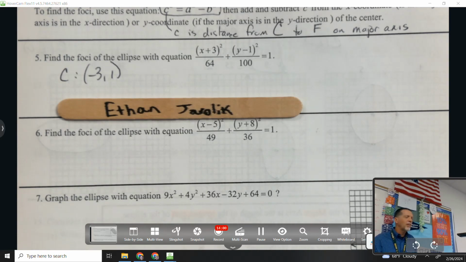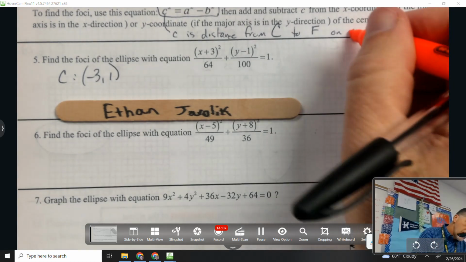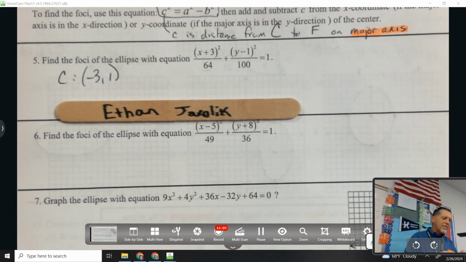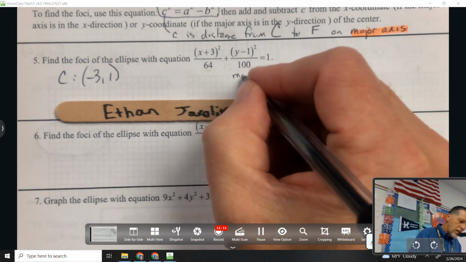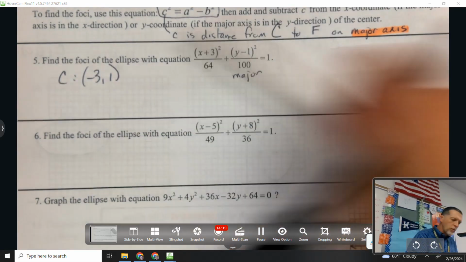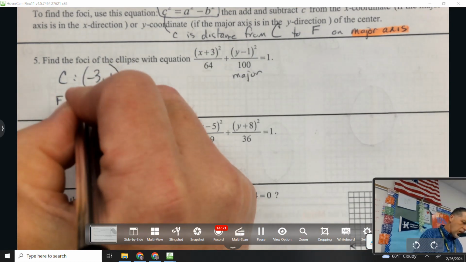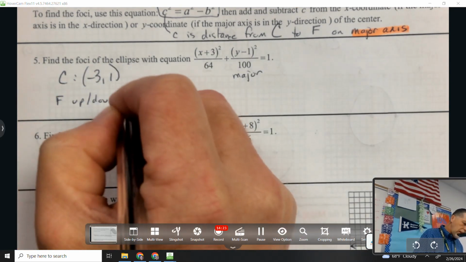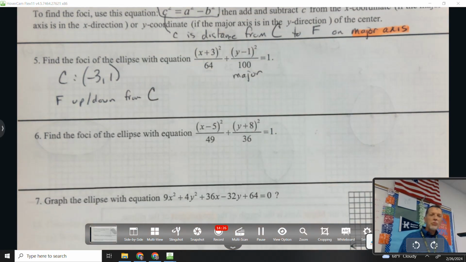Or have I said enough for you to know? They're on the major axis. So for this one, that's going to be up and down. So I know I'm going to be going up and down to get to my focus. Now, I don't know that I need to write that, but I certainly need to think that. I'll be going up and down from the center to get to the focus.